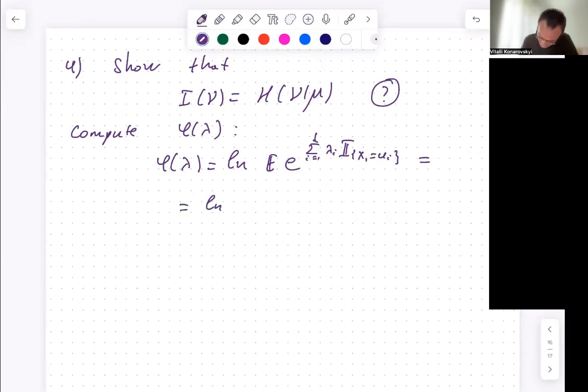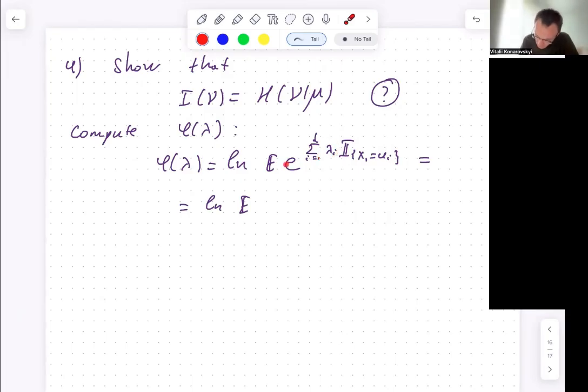Here everything looks very nice because in this sum, for every fixed omega, only one term is not zero and all other terms are equal to zero. Let's assume that only that lambda_i is not zero.